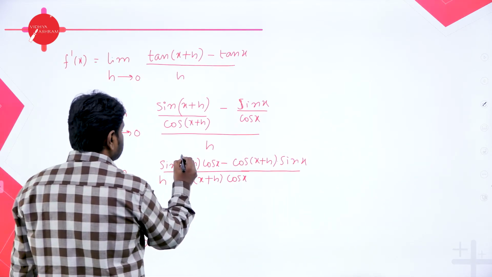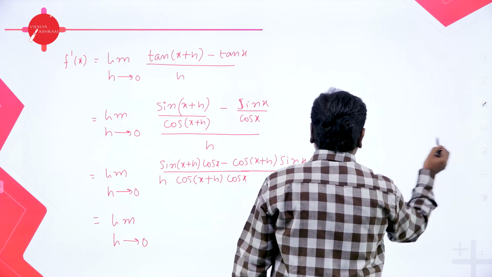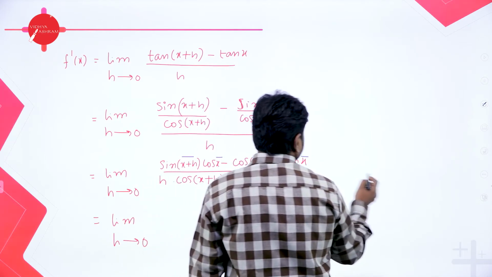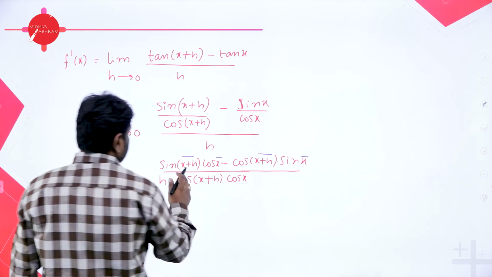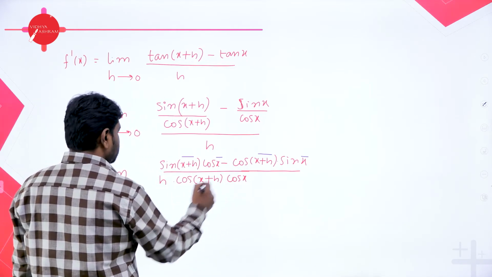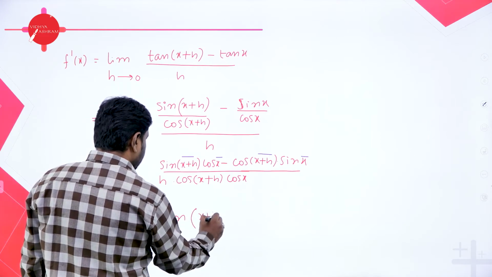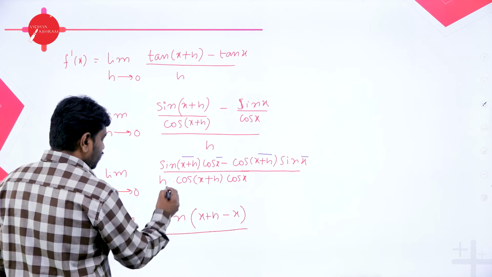So now a means x plus h and b means x. A means x plus h and b means what? X. So now we'll compress. Sin a cos b minus cos a sin b can be written as sin of a minus b, sin of x plus h minus x, divided by the remaining part.